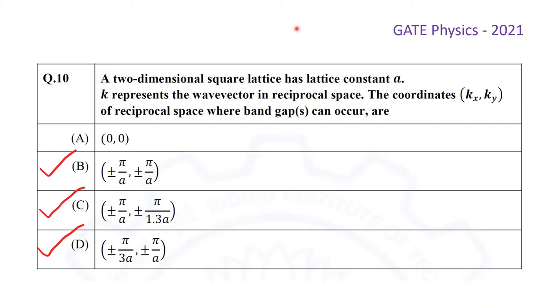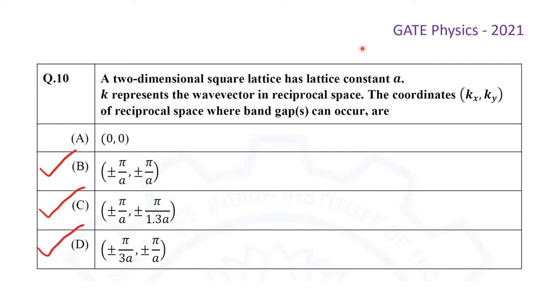We have already discussed in the earlier slides the Brillouin zone, then how to construct the Brillouin zone for a 2-dimensional square lattice that has lattice constant a. Then we discussed how the energy gap or band gap can arise at the zone boundary, that is at the boundary of the first Brillouin zone, second Brillouin zone, and so on.